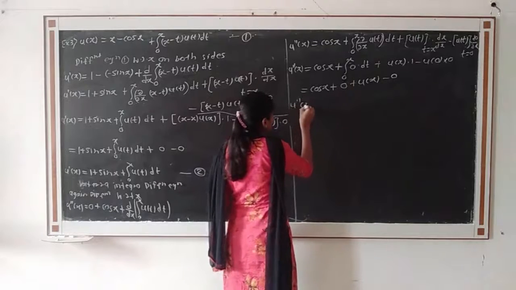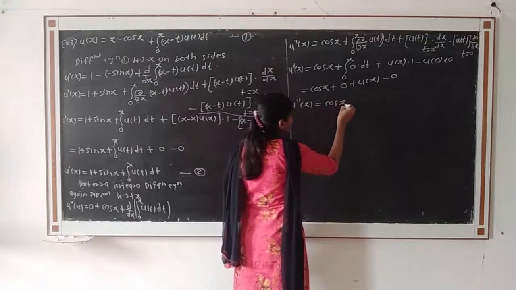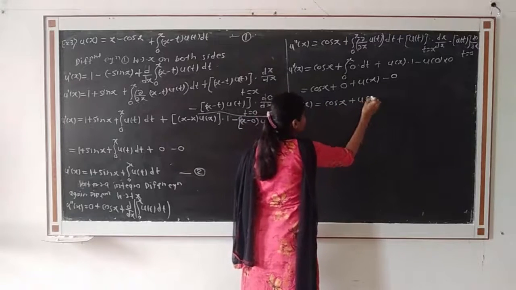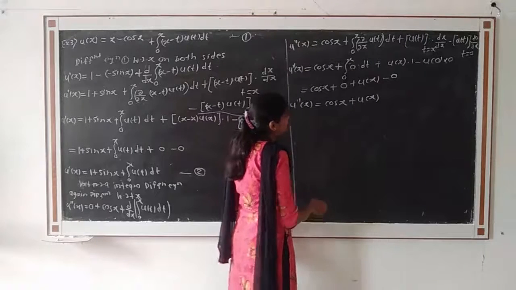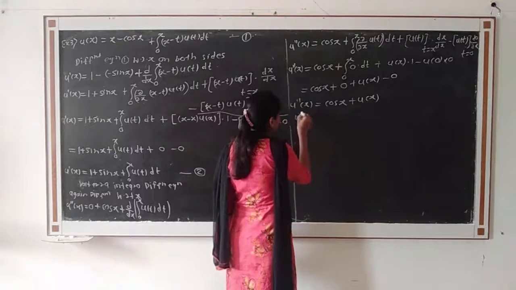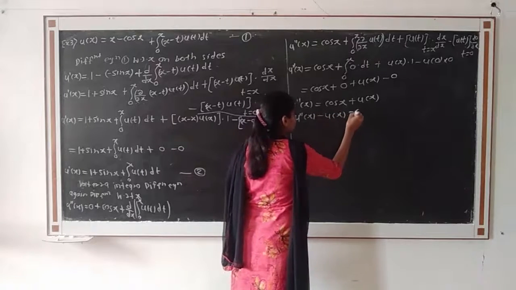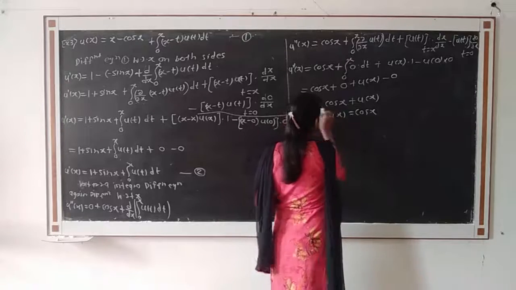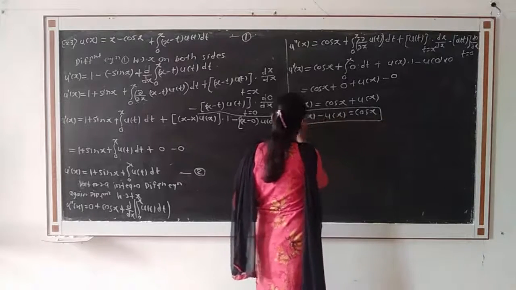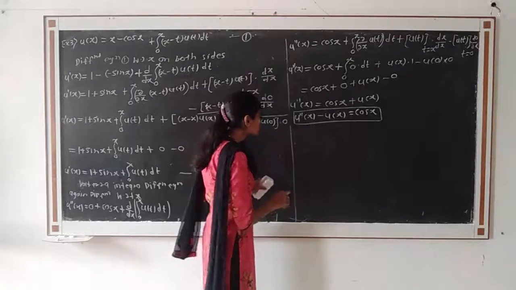Therefore we get u double dash of x is equal to cos x plus u of x, or we can write it as u double dash of x minus u of x is equal to cos x, which is the required initial value problem.